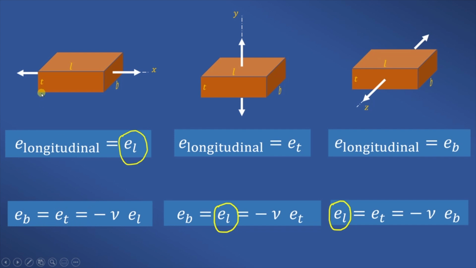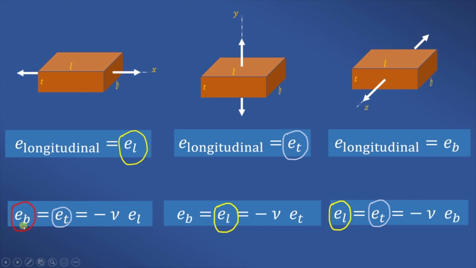Now what is strain in thickness? There is strain in thickness because of load along x-axis, because of load along y-axis, and because of load along z-axis. So add these strains and you will get total strain in thickness.